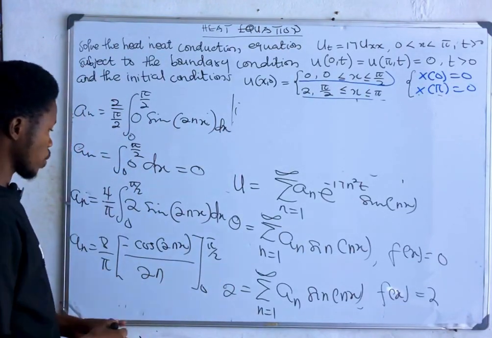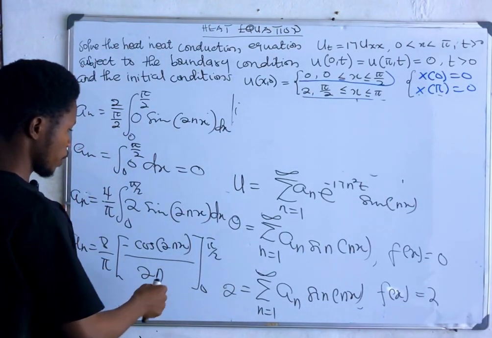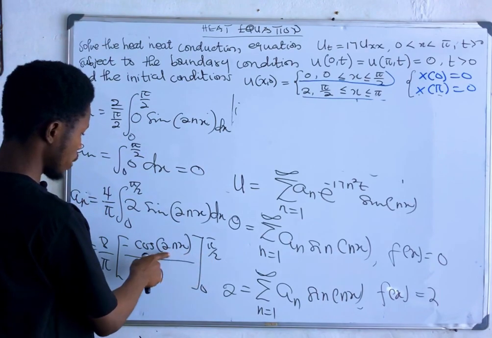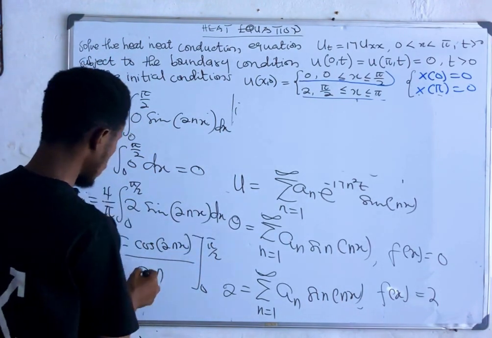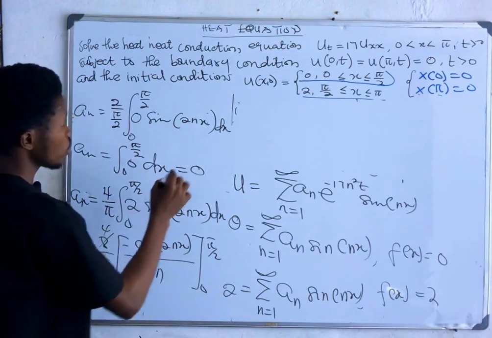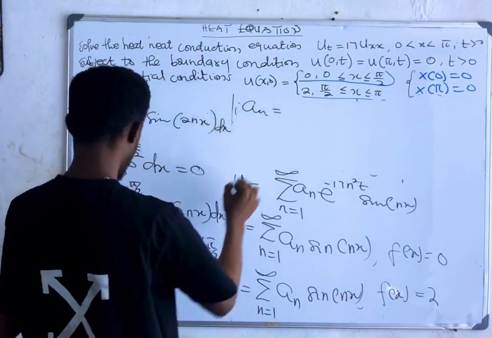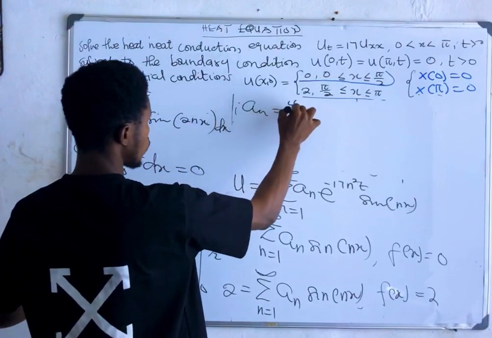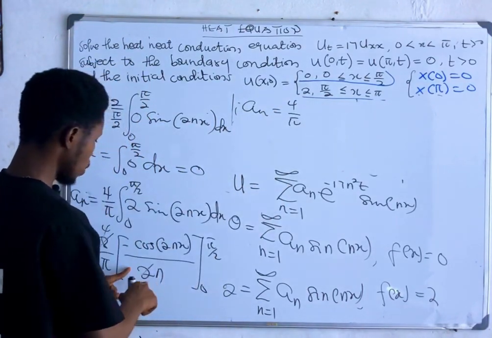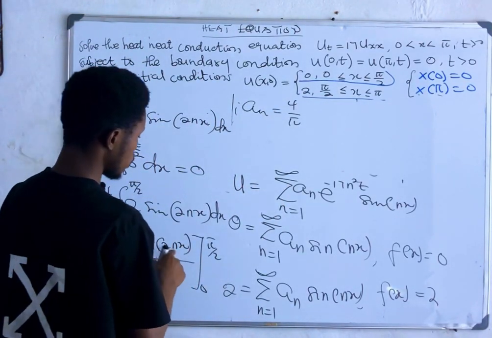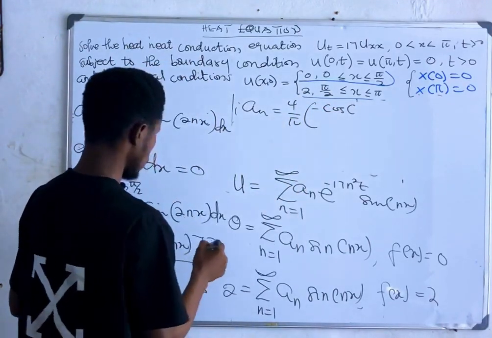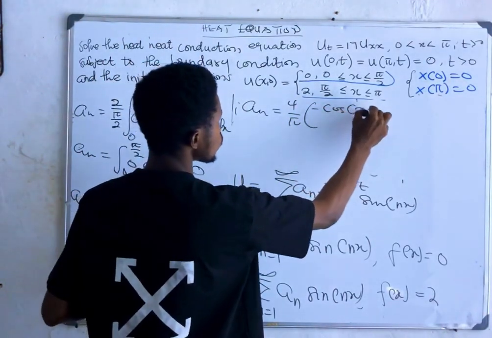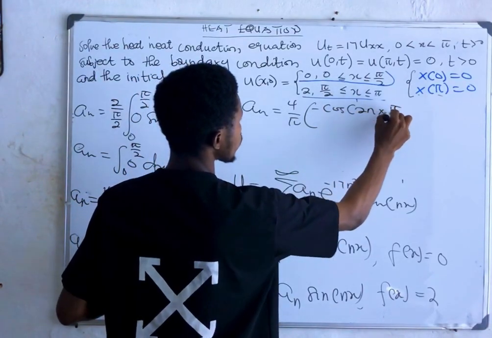Now let's substitute. If I put pi over 2 here, already these 2 will go into this 4. So at the end, I'm having a_n equals 4 over pi, negative cos 2n multiplied by pi over 2.